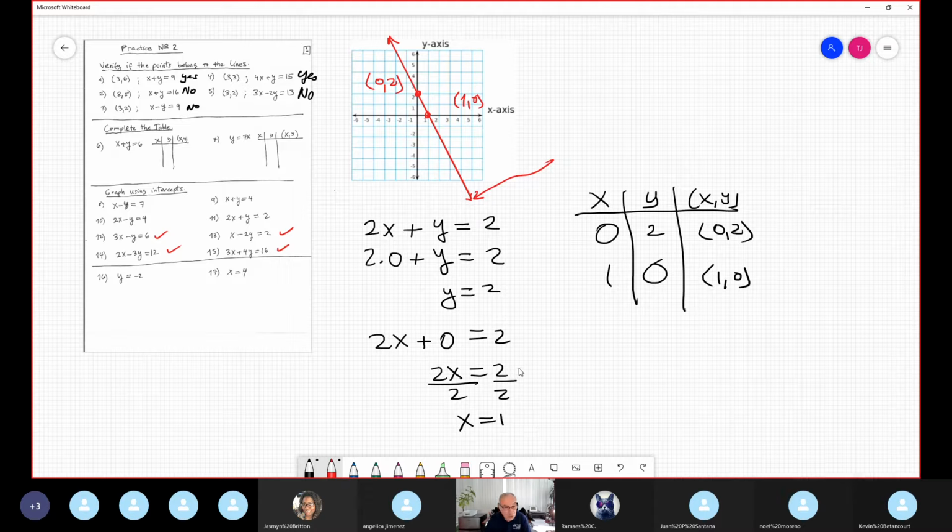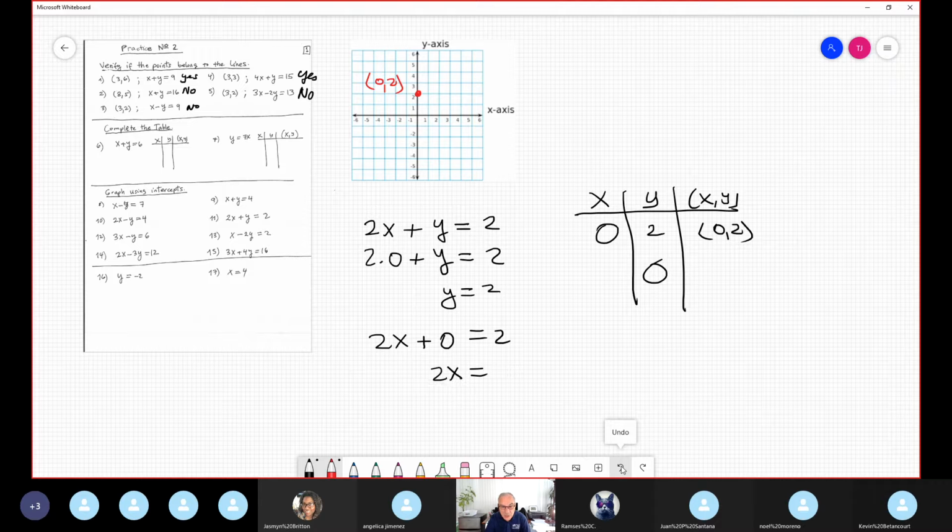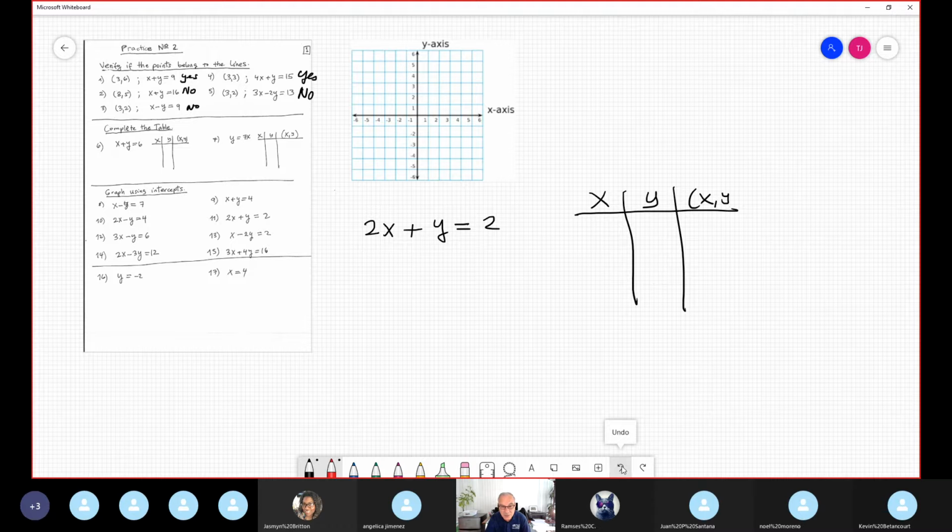I want to do 16 and 17, which are special. How do you know they are special? It's special because normally every linear equation contains two variables, x and y. So when one variable is missing, it's special. And if it's special, remember the cases we are studying: either parallel line or perpendicular.